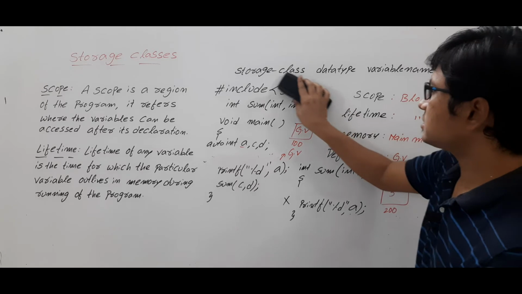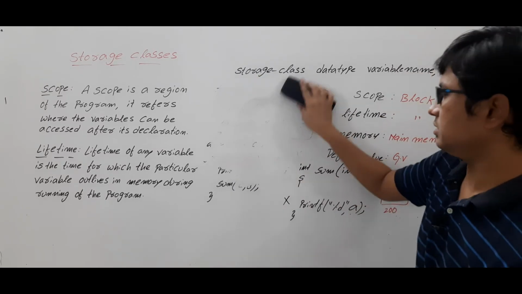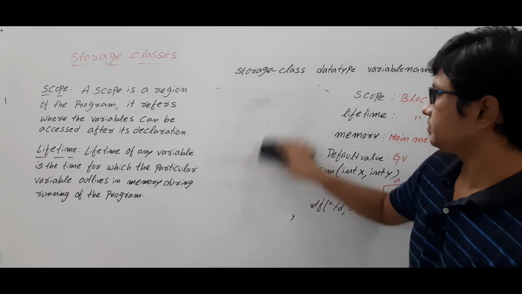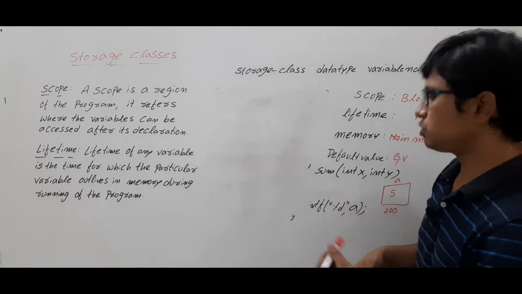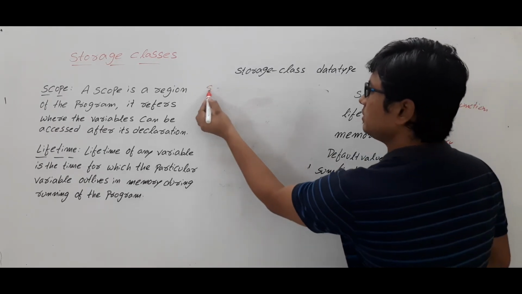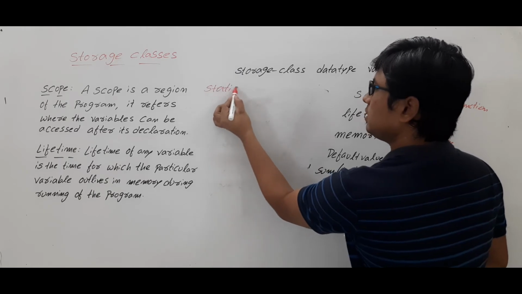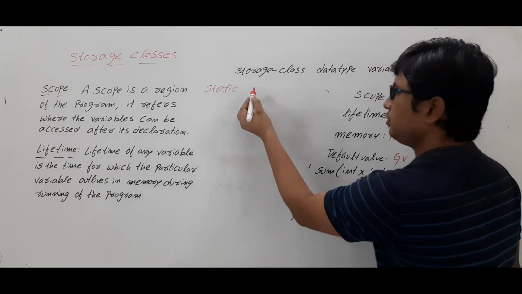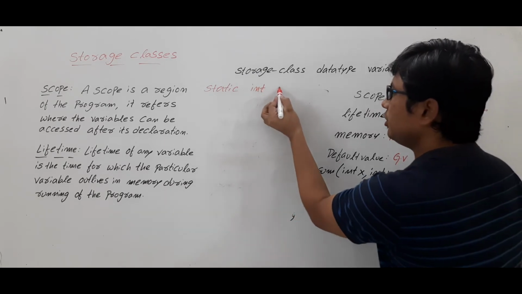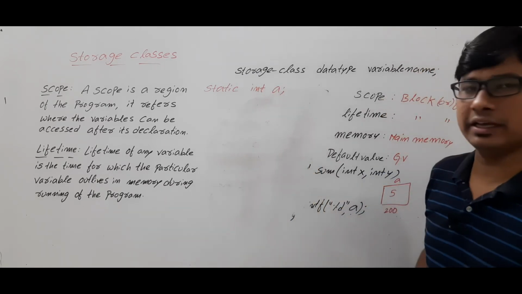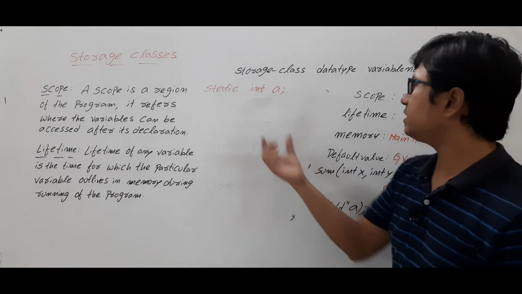Now let me discuss the static variables. For static variables, you have to mention the storage class as static, then the data type, if you want to store it as an int, and the variable name, let's write it as a. Then what is the scope?